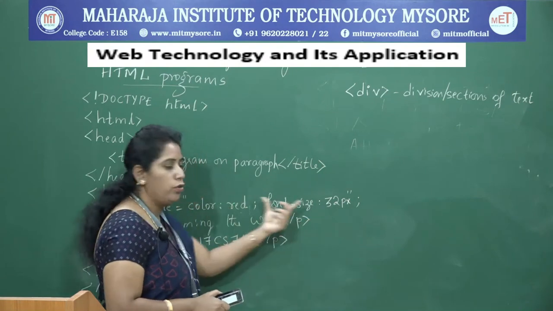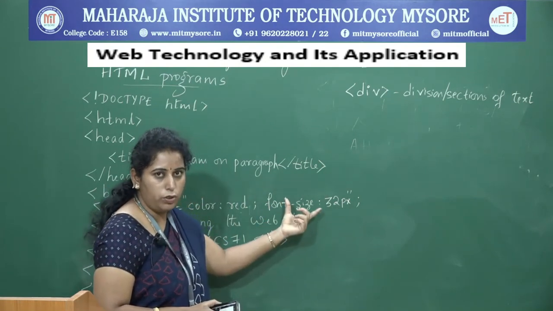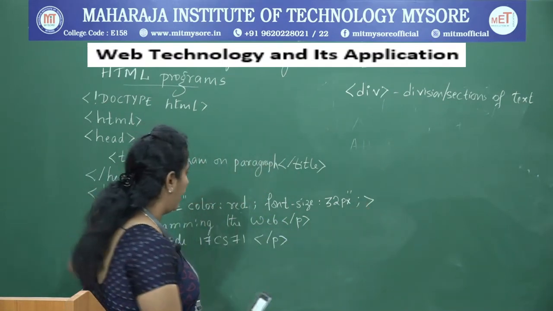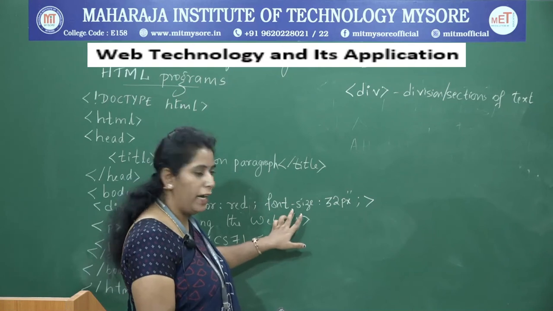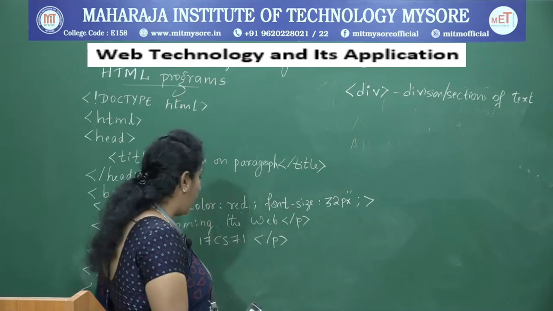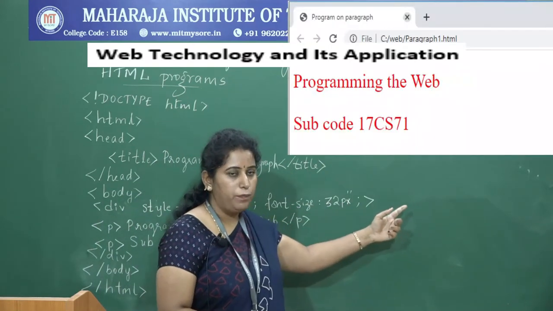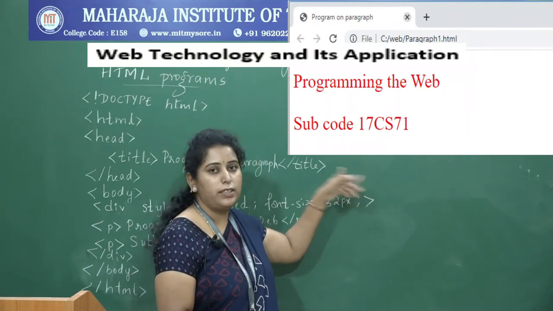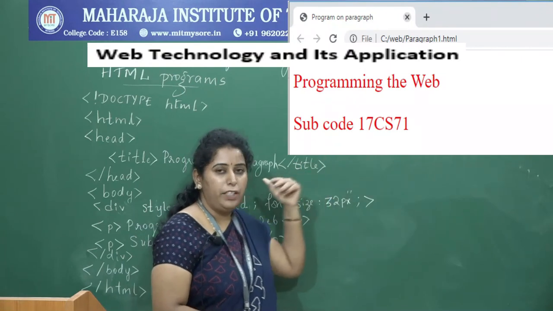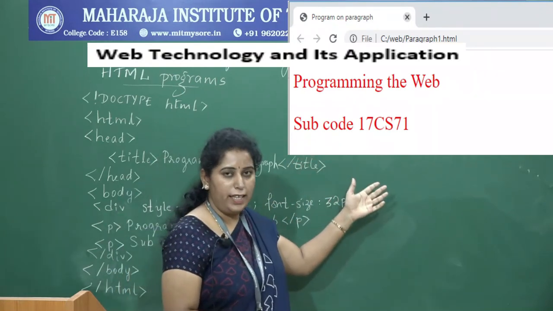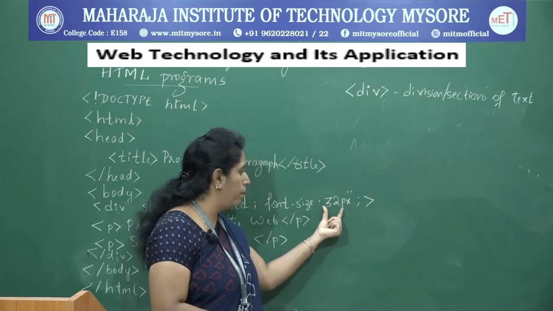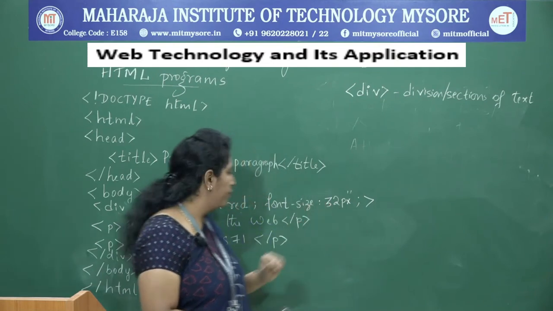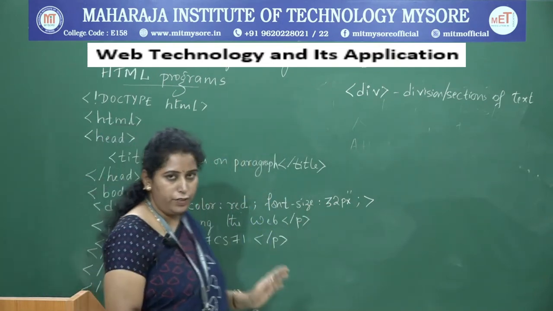For every value, you need not give double quotes. Okay, so it ends and then close the opening tag. So by this time, you have added one more feature to this div tag, right? Now you run the program, you can notice the entire text is printed in red color, and also the font size of the text has been increased, since you have modified it by 32 pixels. Okay, so this is all about the div tag.